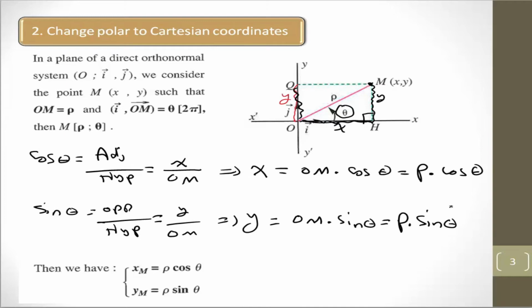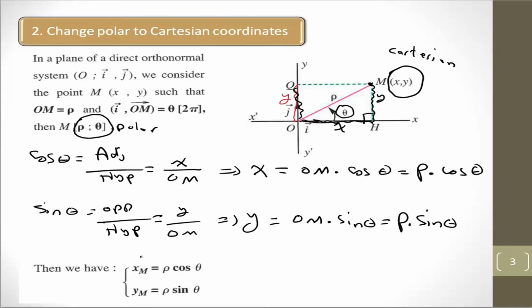So we can deduce that there is a relation between x, y, the Cartesian coordinates, and p, theta, the polar coordinates, where p is the radius OM and theta is the angle.